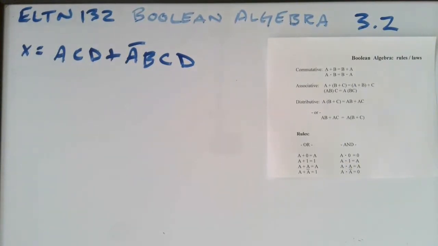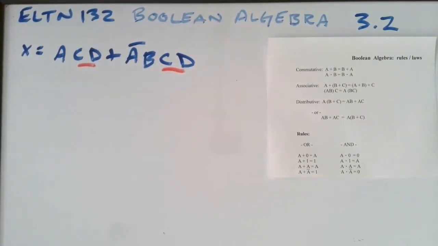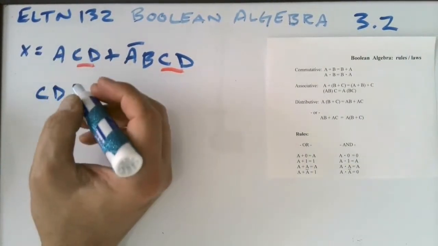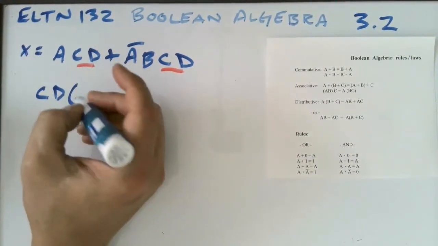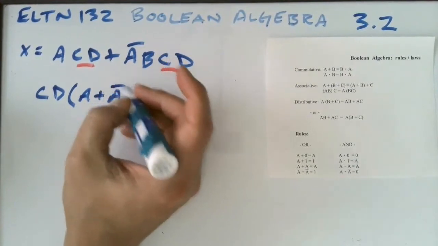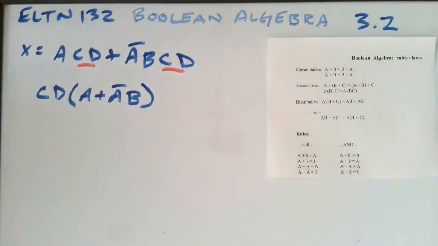So typically when we're looking at these, we want to see what can we factor out that's common between them. So if we take a look at it carefully, we can see there's a CD there and a CD there. So let's see if we can pull that out of the equation. We can write this as C and D ORed with A or A naught B. If I hadn't already mentioned it, I'm getting some better markers, so they shouldn't look so huge here.